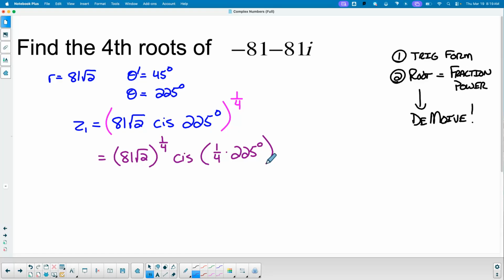Okay? The 4th root of 81 to the 1/2 power would be 3 times the 8th root of 2.